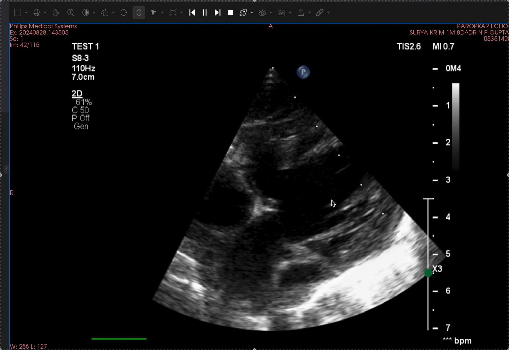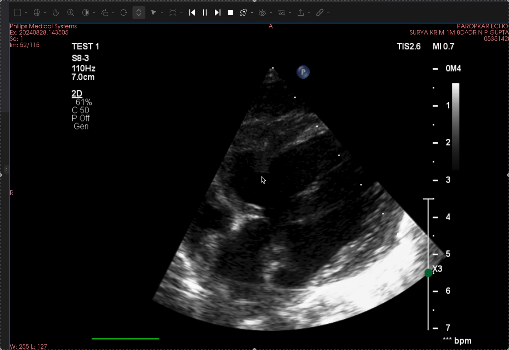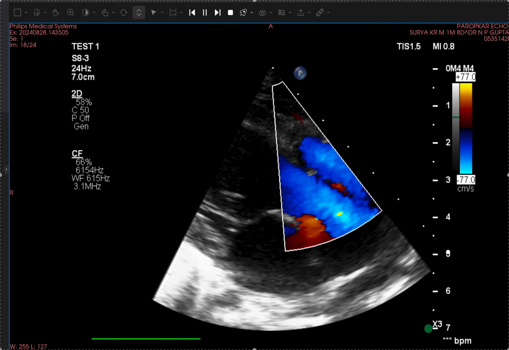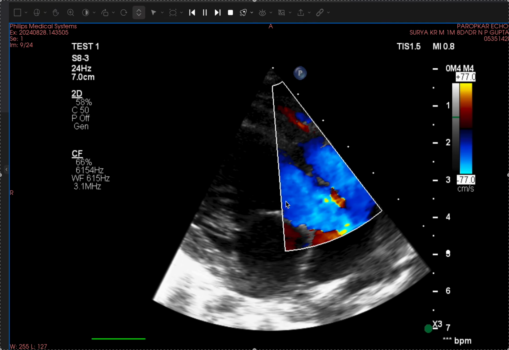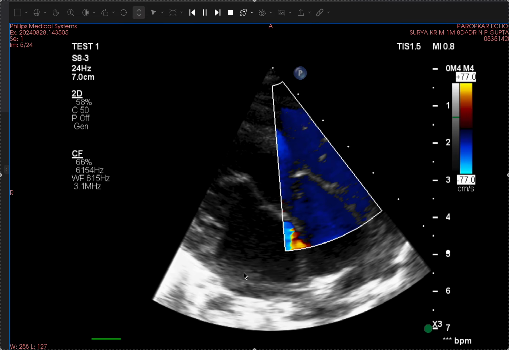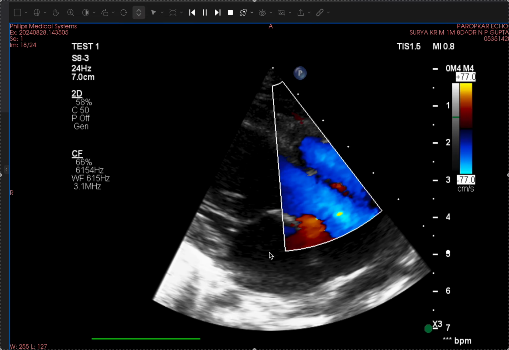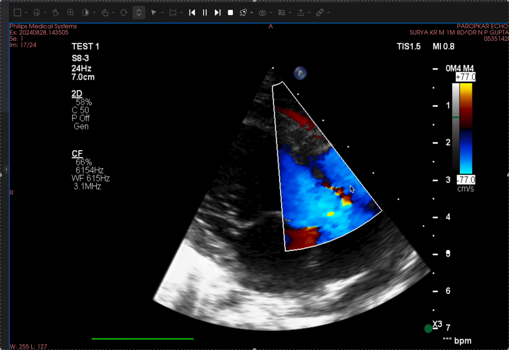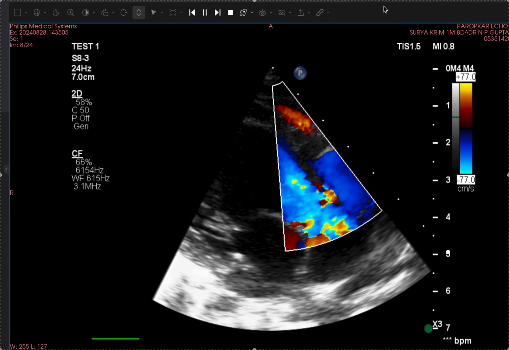So this is left ventricle, this is inlet VSD, and this is pulmonary artery. You can see this is pulmonary artery, and this is aorta. This is parasternal long axis view, this is left atrium, left ventricle, pulmonary artery, from right ventricle, aorta.